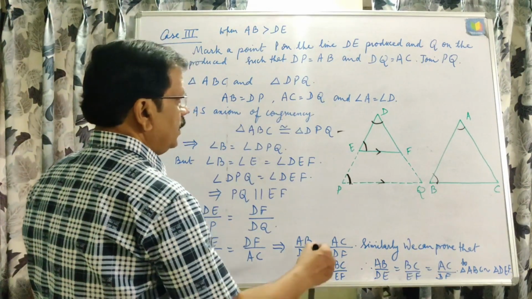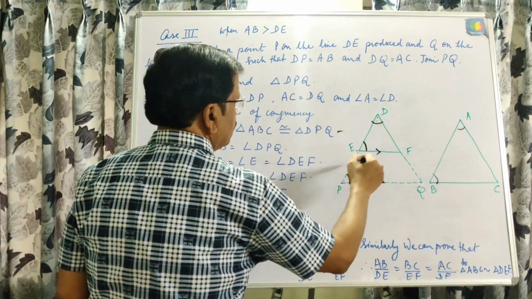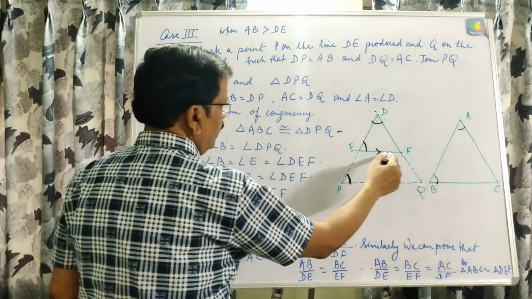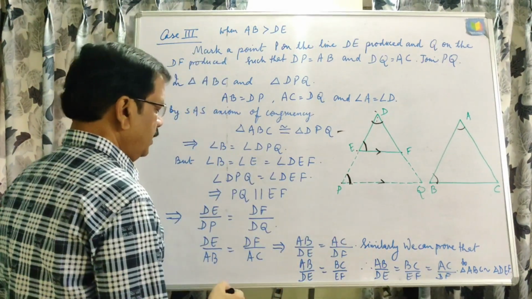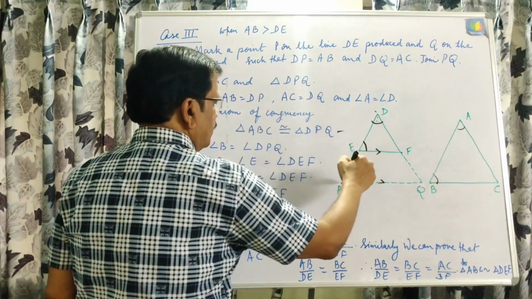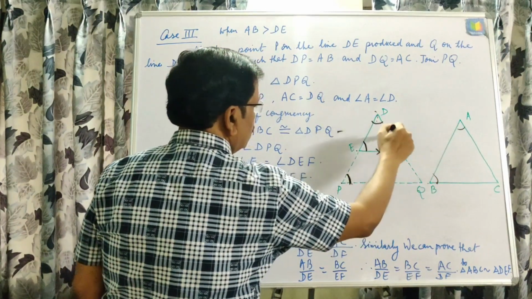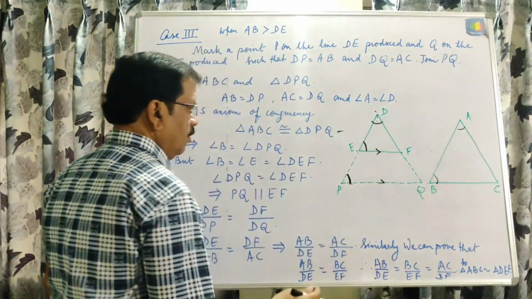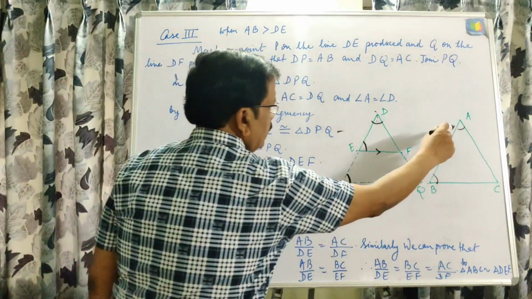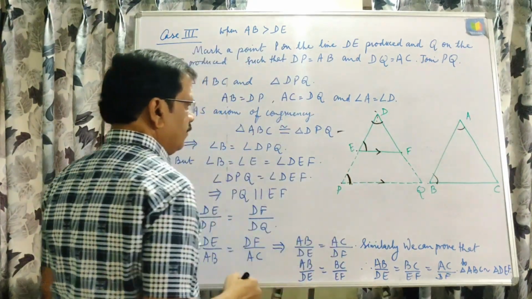And so by Thales theorem, DE upon DP is equal to DF upon DQ. Because this is parallel, and DP is equal to AB, in place of DP we can write AB. So DE upon AB is equal to DF upon AC, or writing conversely, AB upon DE is equal to AC upon DF.